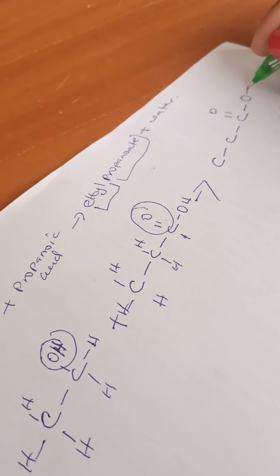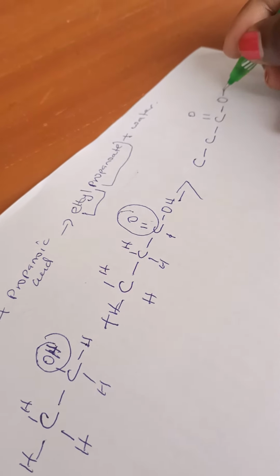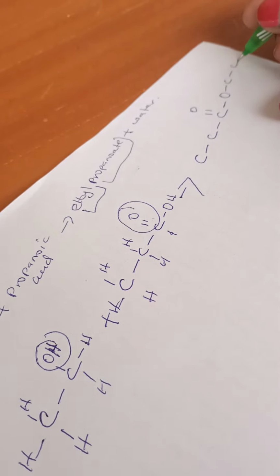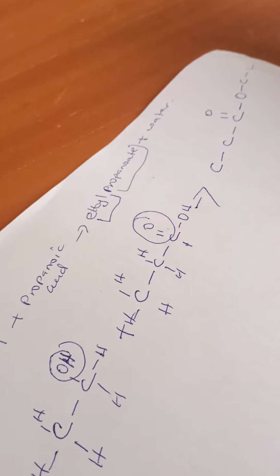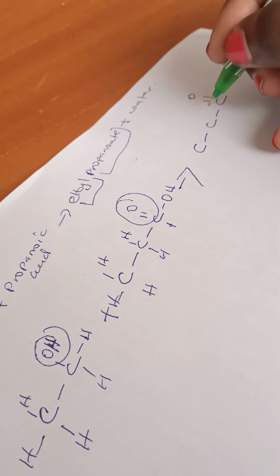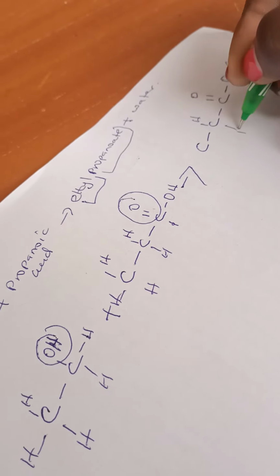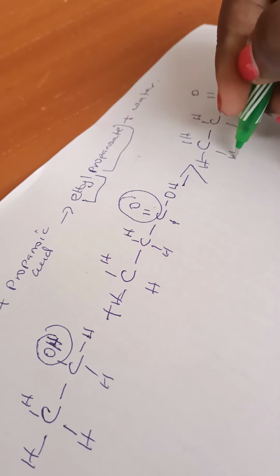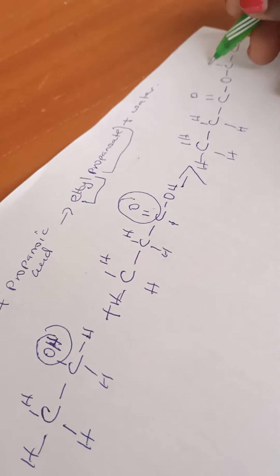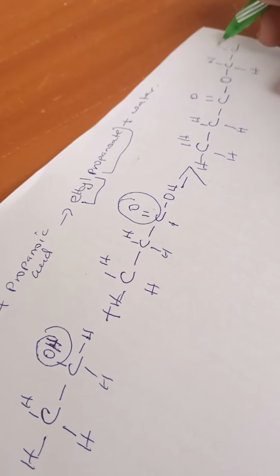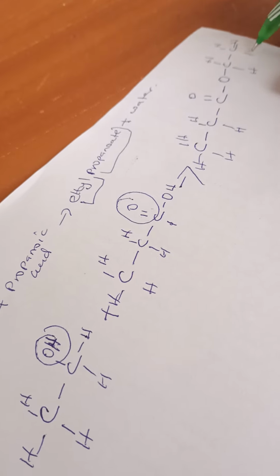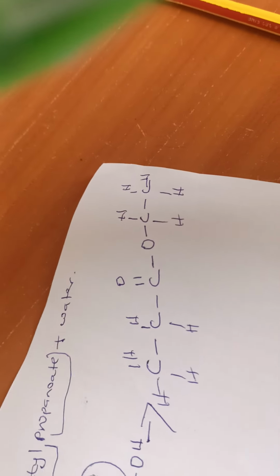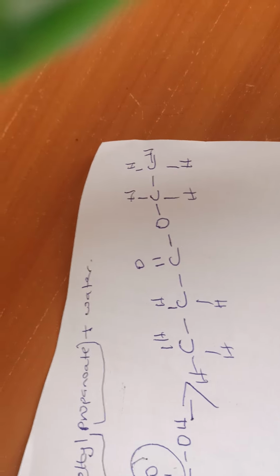Alkyl is from ethanol, and our ethanol has 2 carbons. So you put the 2 carbons from the alkyl, and the other bonds you fill with hydrogen atoms to make 4 covalent bonds of carbon. So this is the ester, alkyl alkanoate.